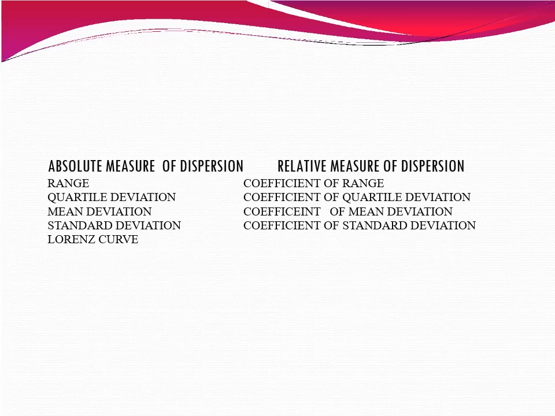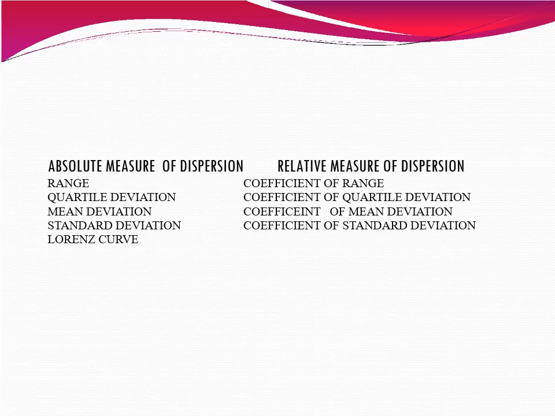The term dispersion or variation or deviation is studied with reference to two measures, absolute and relative. The absolute measures are expressed in terms of original units and they are not suitable for comparative studies. The relative measures are expressed in ratios or percentages and they are suitable for comparative studies.